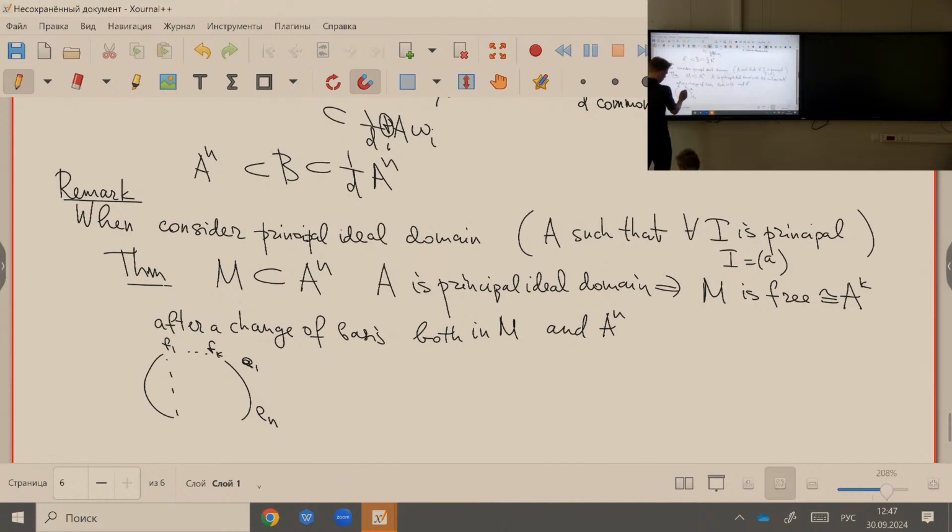Yeah, so you are writing it down as a matrix, and by right and left multiplication you may make this matrix diagonal, so it is diagonalizable.